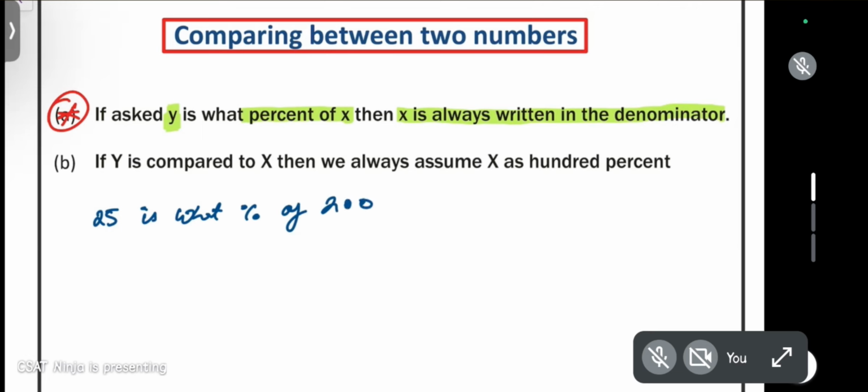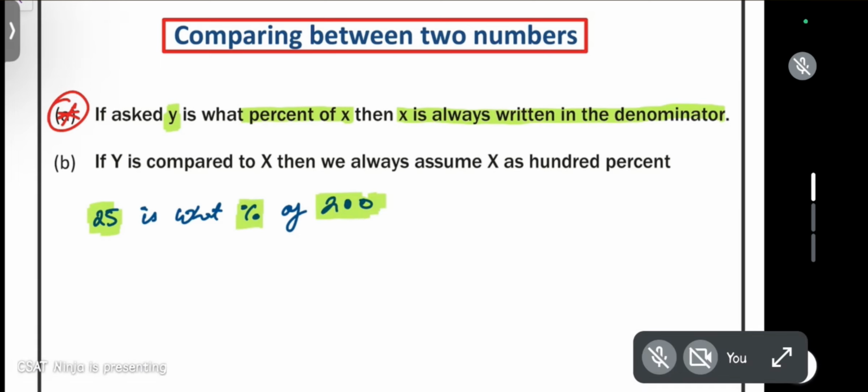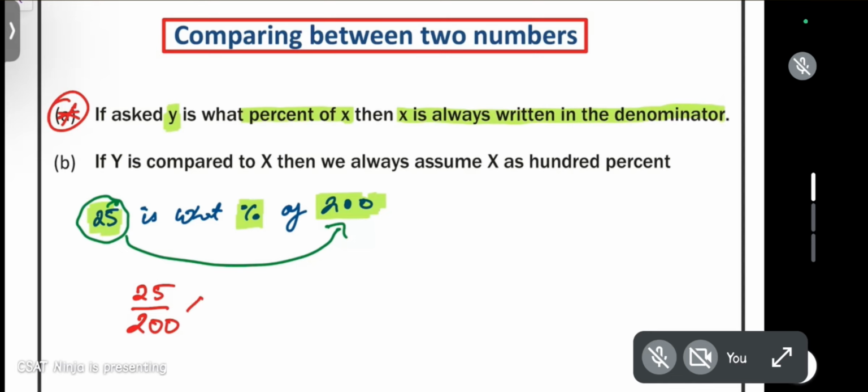In this question we are asked to find 25 is what percent of 200. So we are comparing 25 with what? With 200. So the 200 should be in the denominator. So 25 divided by 200. But remember, we have learned earlier that if I need to get my answer in terms of percentage, I need to multiply it by 100.